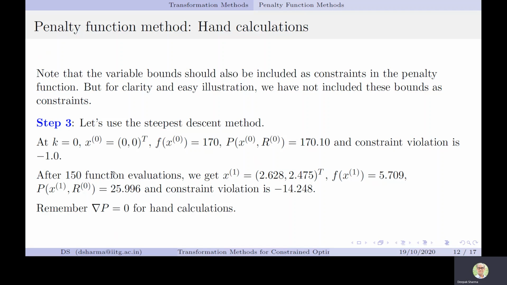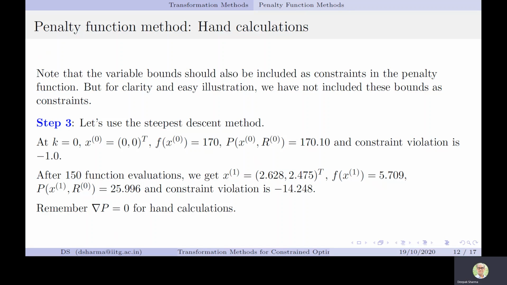If we use this steepest descent method, we get a new point, say x1, after 150 function evaluations. As x1 is 2.628, 2.475, the function value is 5.709, and the penalty term is 25.996. And the constraint violation is -14.248.